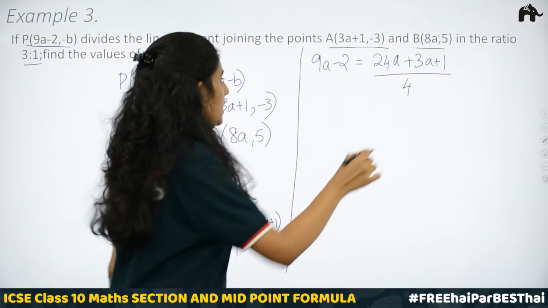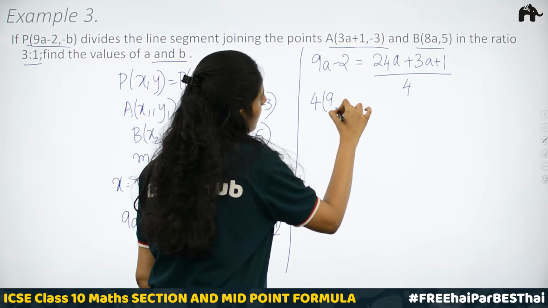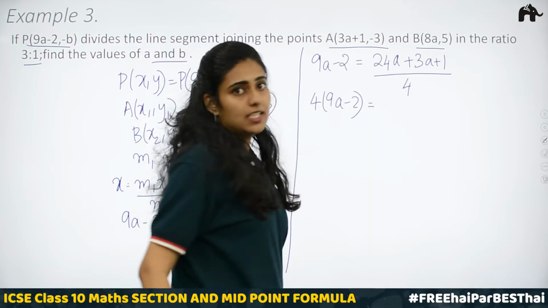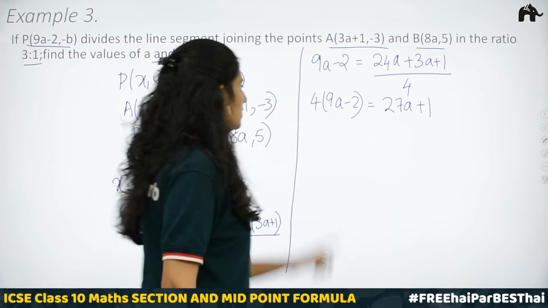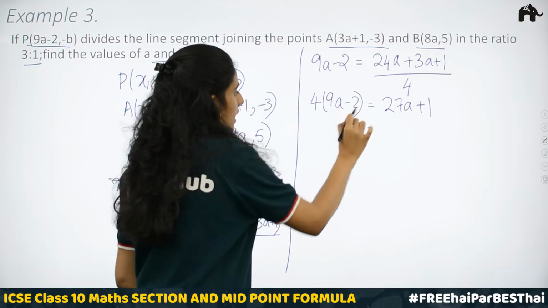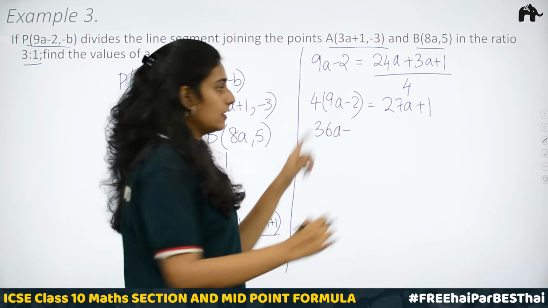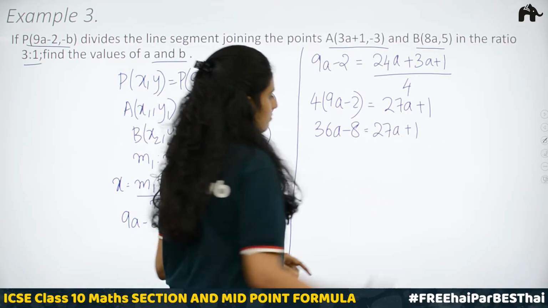Cross multiplying, taking this to the opposite side, 4 into 9a minus 2 is equal to 24a plus 3a is 27a plus 1. 4 into 9a, removing the brackets and multiplying, we get 36a minus 4 into 2, 8, is equal to 27a plus 1.